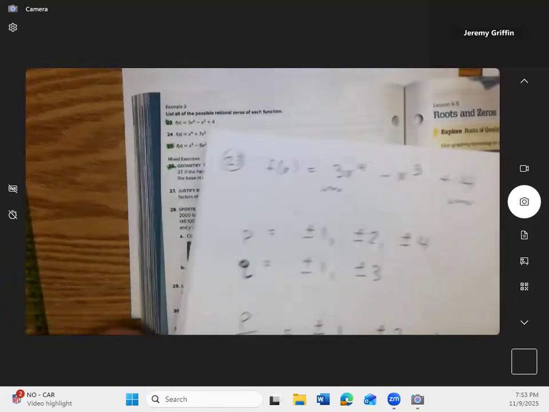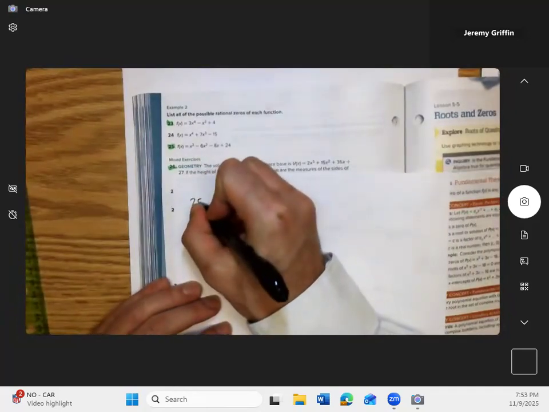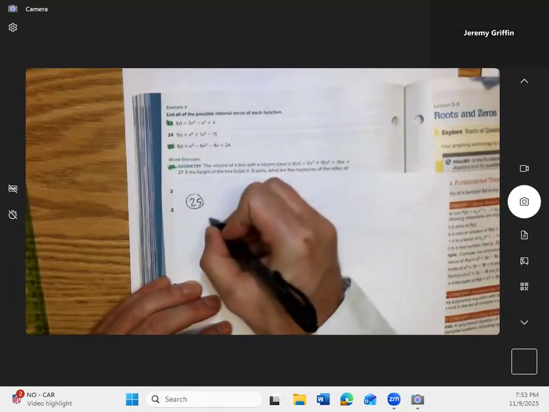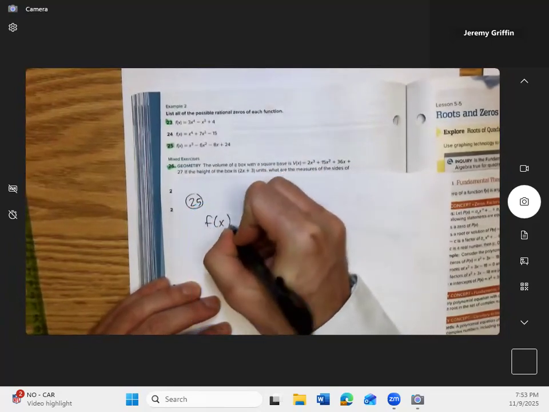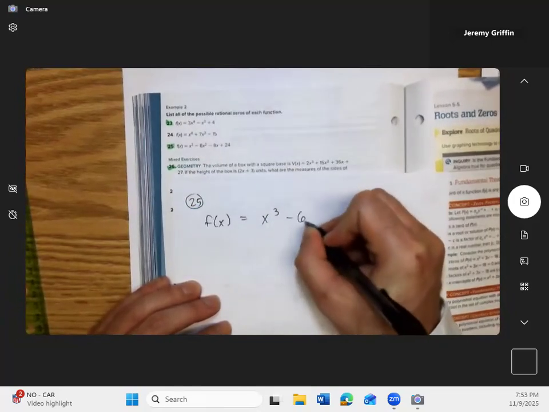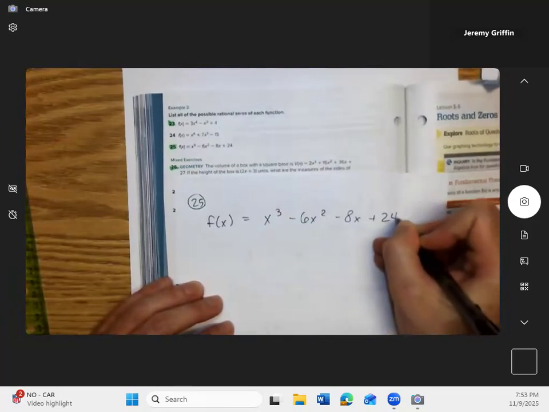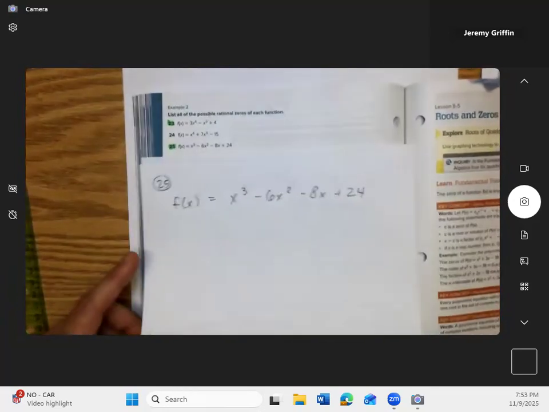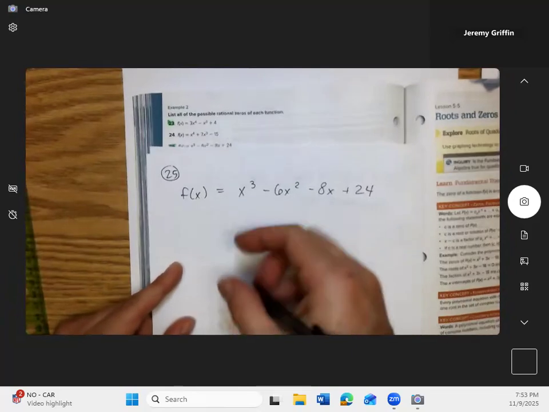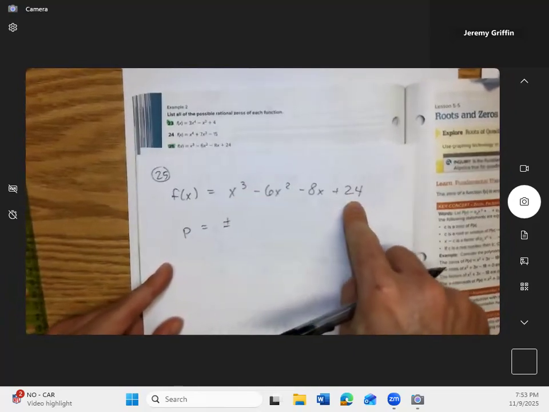All right, let's do 25. We've got f of x equals x cubed minus 6x squared minus 8x plus 24. I should show you guys also how this is consistent with what we did before, but here, let's do this. My values of p are plus or minus factors of 24.